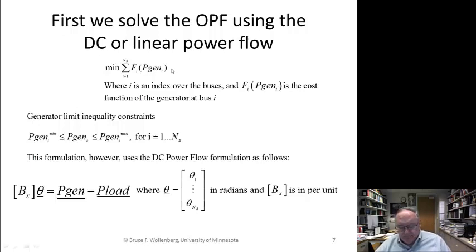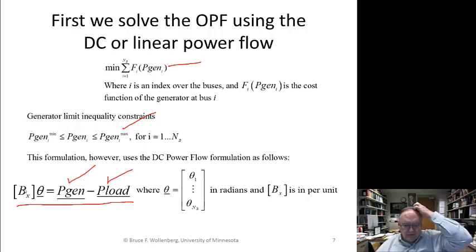Once again, we have the same minimize the sum of the operating expenses, generation limits, and now I have one set of linear equations. These are vectors of generation. These are as long as the buses. And so this is the equation here, B sub x matrix times a vector of phase angles in radians. B sub x is in per unit.